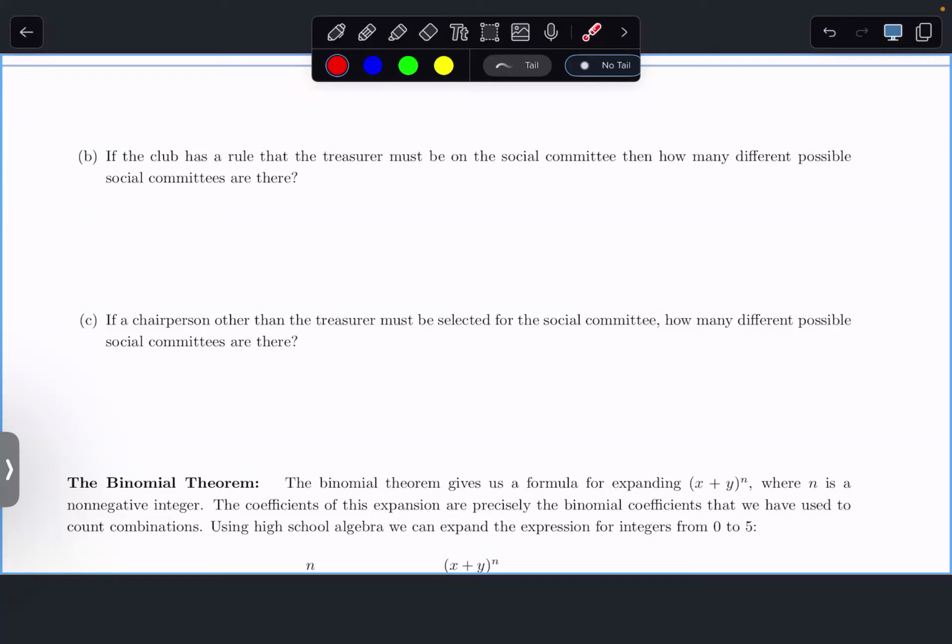So now the treasurer, I guess, has to be on the social committee, which means that one of those 5 spots is accounted for, putting us at 24 choose 4 times 1, which is the treasurer.